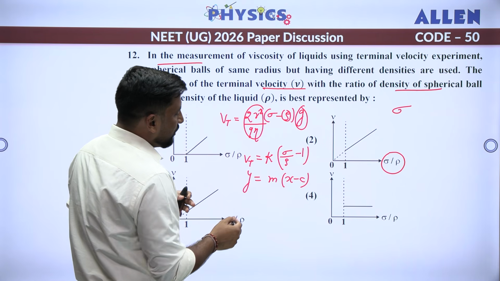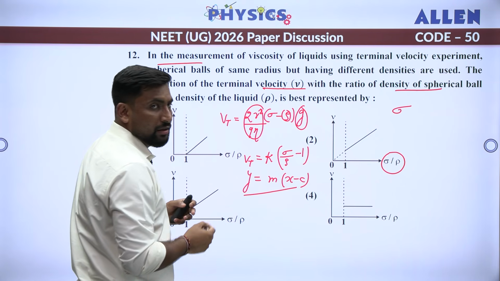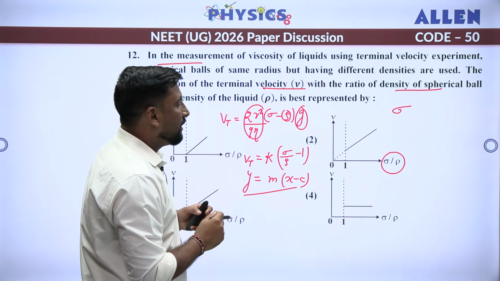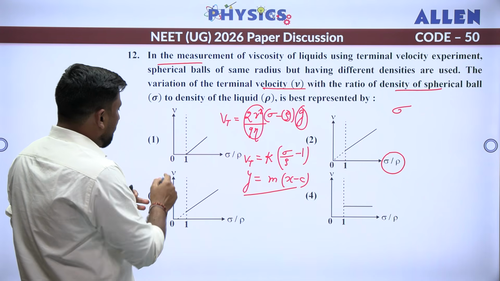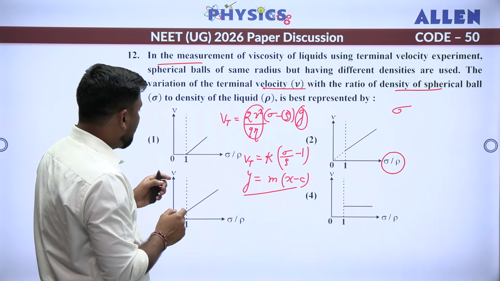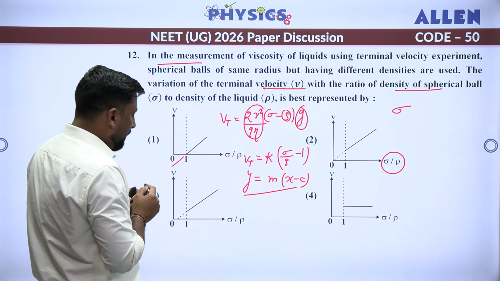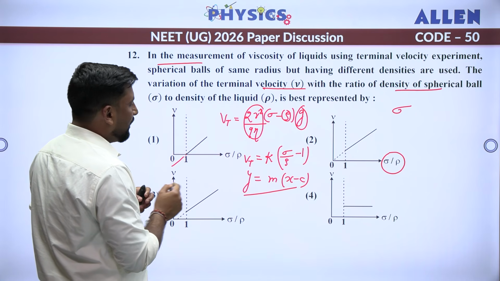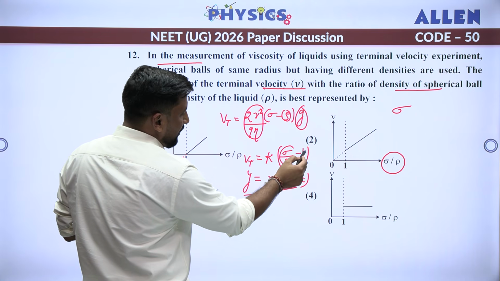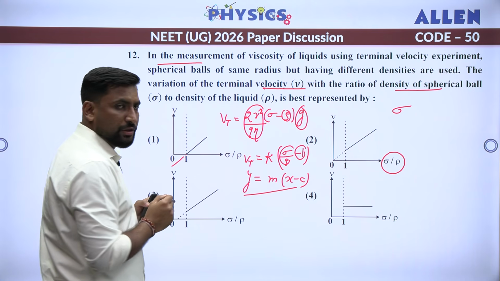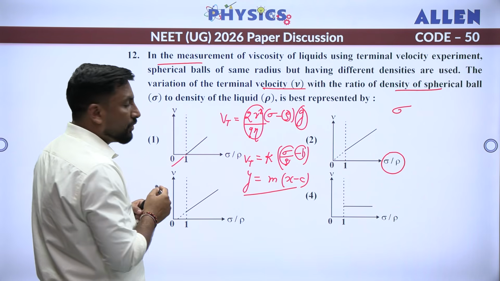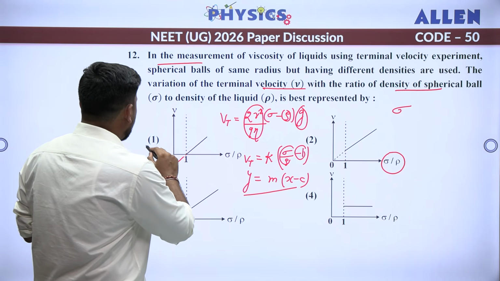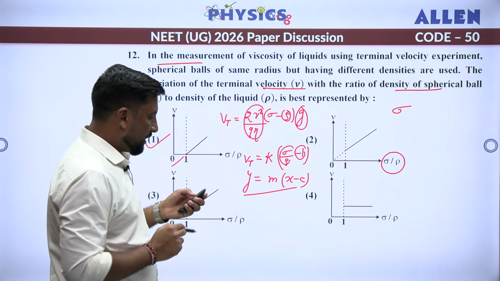So we know that for this it is the equation of a straight line. Slope is positive but intercept is negative. It is matching with which one? The option 1. Here we can say the slope is going to be negative, and when this value becomes equal to 1, then again it is going to be 0. So according to this equation, it is a straight line and it is matching with option 1. So for question number 12, answer 1 is correct.